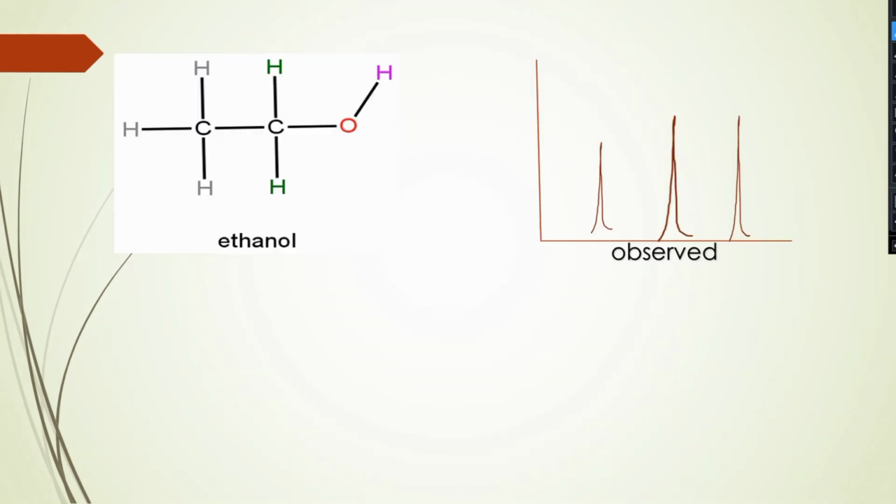In the example which we have taken, ethyl alcohol, the CH2 hydrogens are attached to the carbon, which will have a different sigma value, and the CH3 which has a different environment also has some other sigma value, and also the OH, where the hydrogen is attached to an electronegative atom. So here the sigma value will be different. All these 3 sigma values are different.